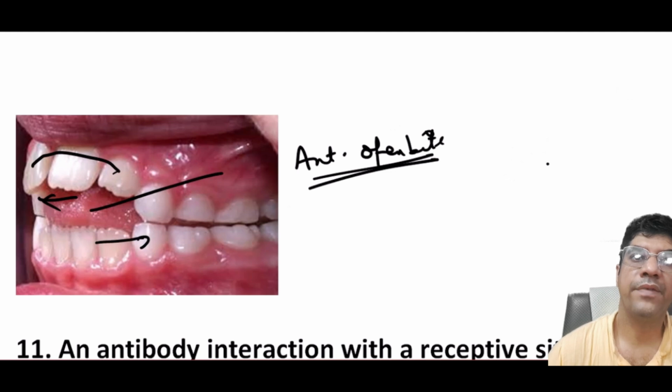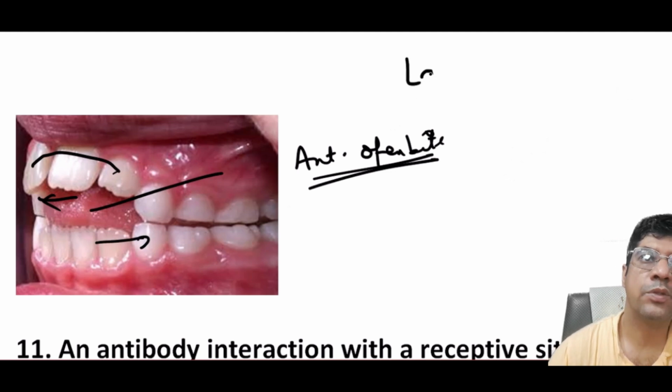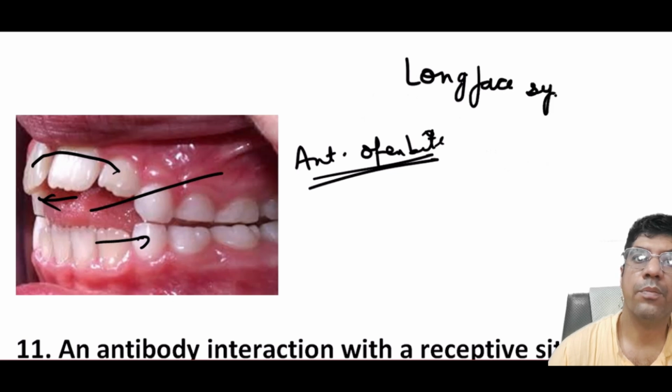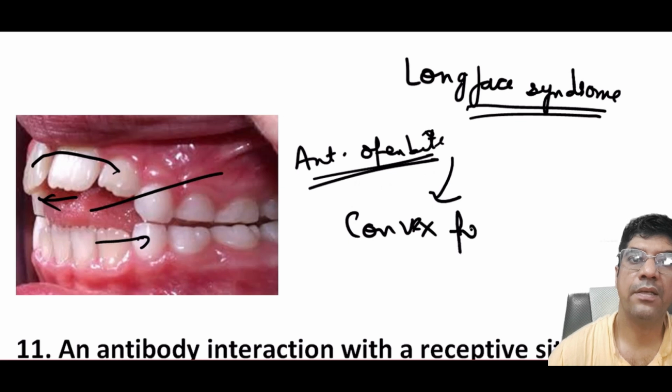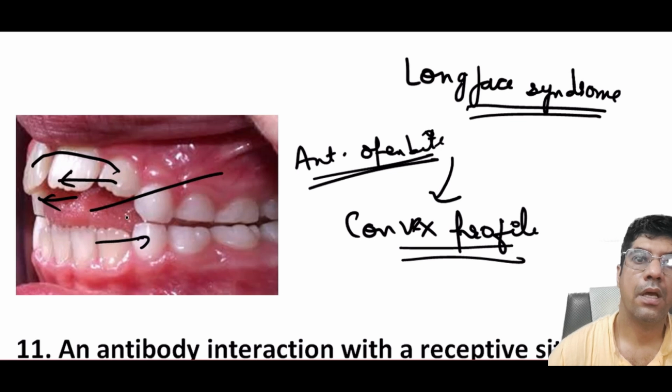Another important feature is that it leads to long face syndrome that would lead to a convex profile. The convexity is due to the forward position of the upper jaw relative to the lower jaw.